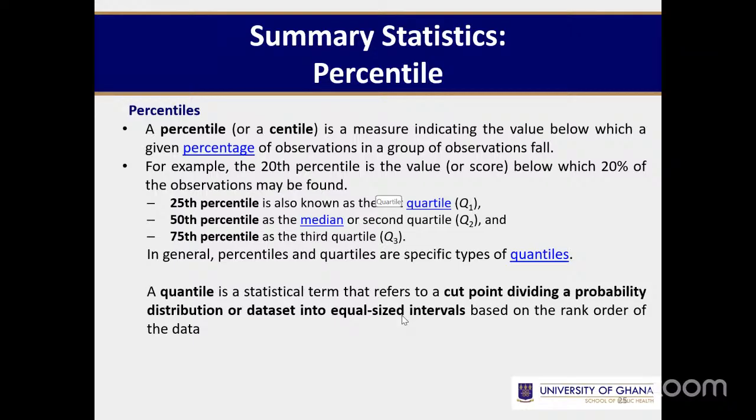So if they do an exam and the 20th percentile mark is maybe 40%, it means that 20% of the candidates got below 40 over 100.